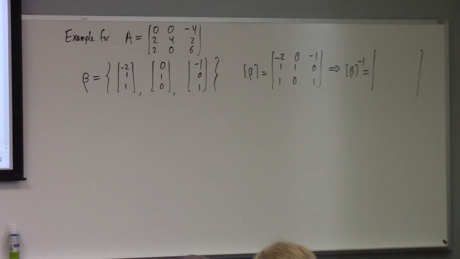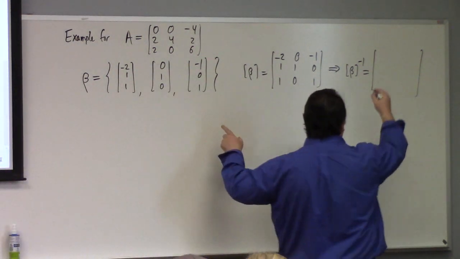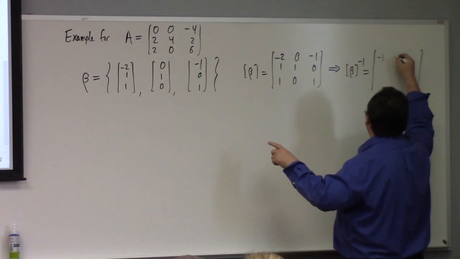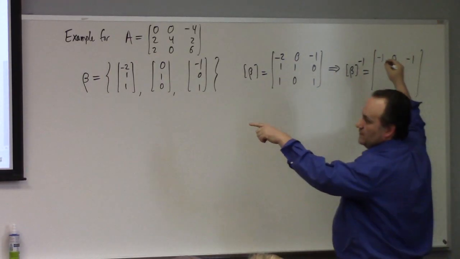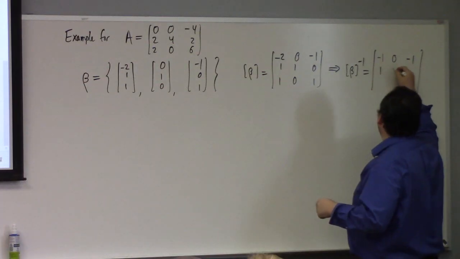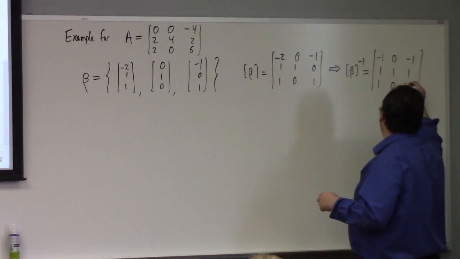That matters. I was like, wow, that inverse worked out really nice. I guess it still works out pretty nice. So doing the usual matrix calculation, we get minus 1, 0, minus 1, 1, 1, 1, and 1, 0, 2, right?